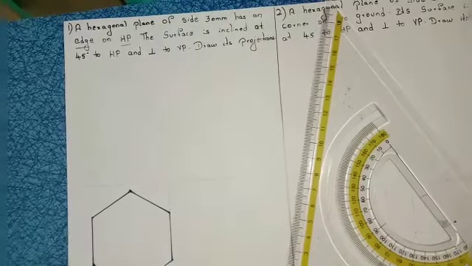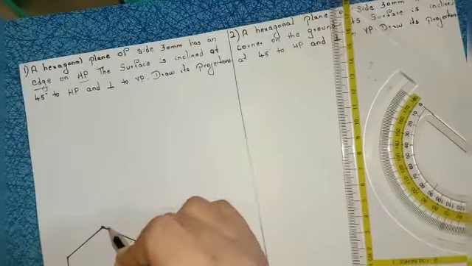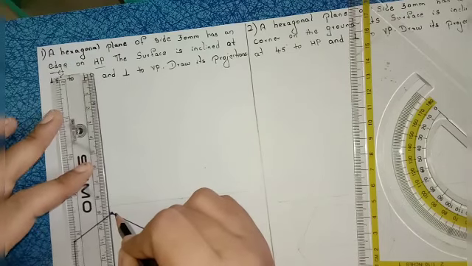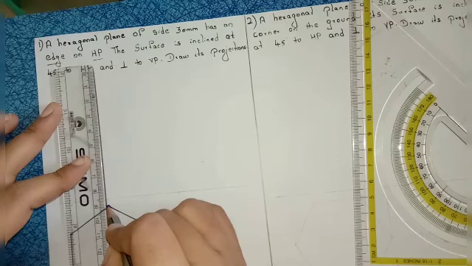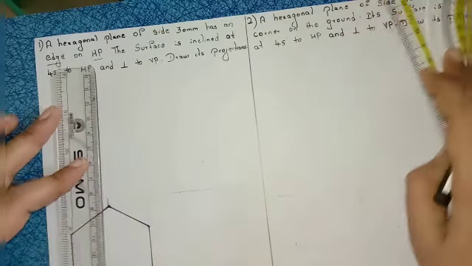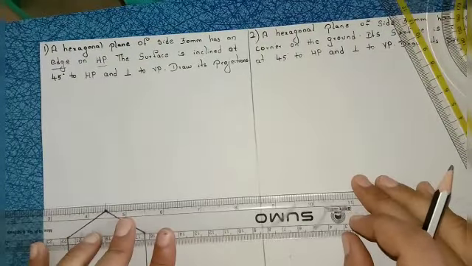After constructing this hexagon, leave a 5 mm gap from this corner because they didn't mention any distances. So from this corner leave a 5 mm gap. Now draw the reference line.